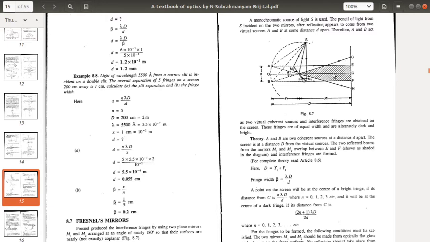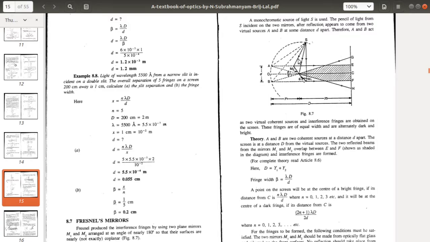If you look at this figure, you can see that the light reflected from this point appears to come from the source.